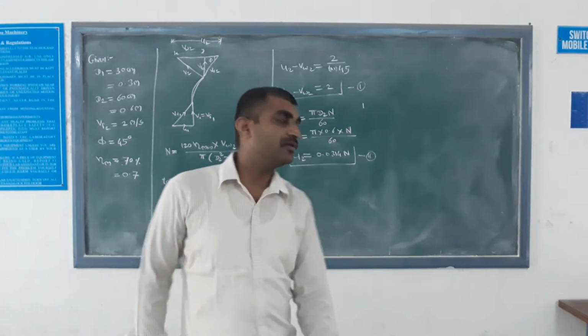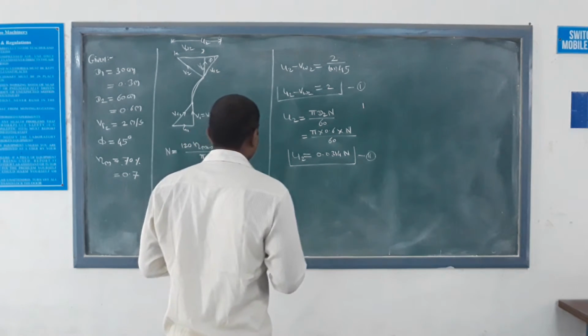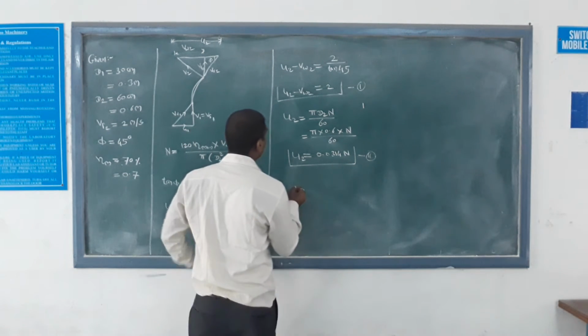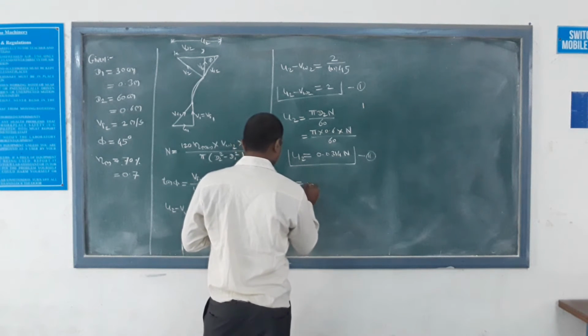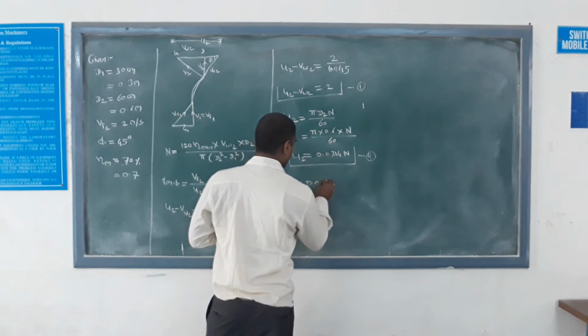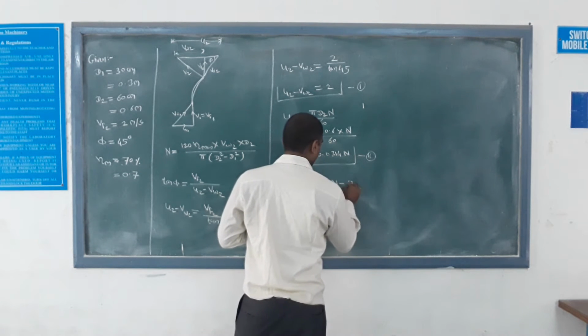So put this value in equation 1. So Vw2 equals 0.0314 N minus 2.